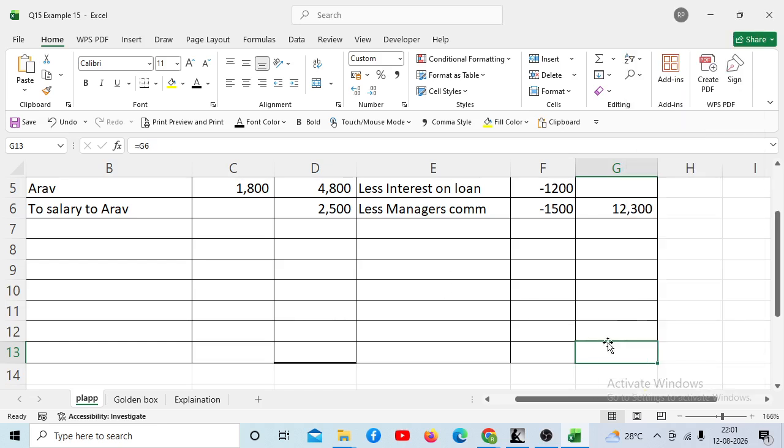So we will write the heavier total on both the sides. And whatever is the profit coming, it is coming to something 5,000.